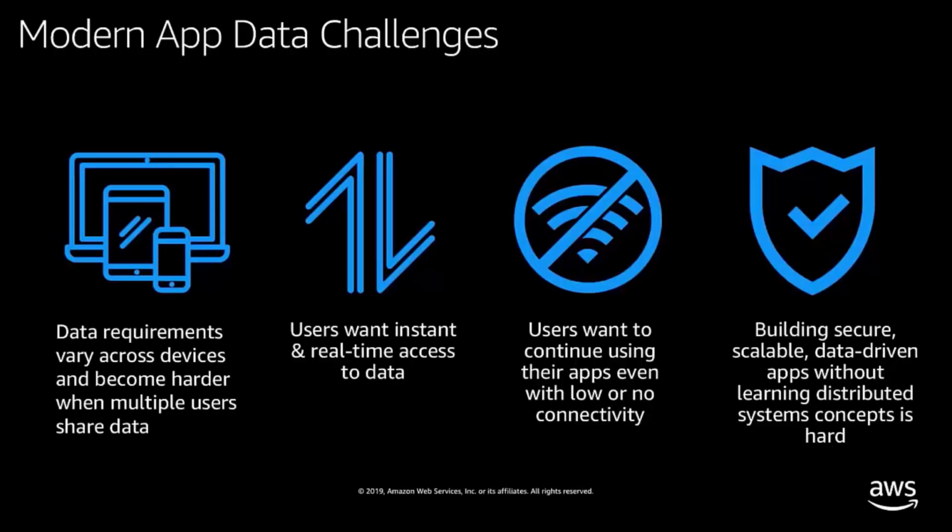Also, we're seeing more and more users expect their applications to work offline. Think about if you're using your Facebook application and then you're in New York and then maybe you get on the subway, you lose connectivity. You still want to be able to not only browse your timeline, but maybe you want to be able to interact with messages that are in the timeline. So you might want to be able to upvote messages.